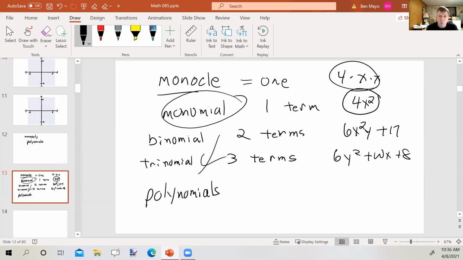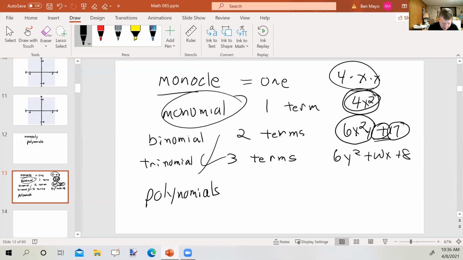So it's just one term. Now, there are several factors, things being multiplied together, but 4x squared is just one term. Just like 6x squared y is a single term, 17 is a single term. They're separated by an addition sign. Does that make sense? Yes. Okay, good, because that's my story and I'm sticking to it.